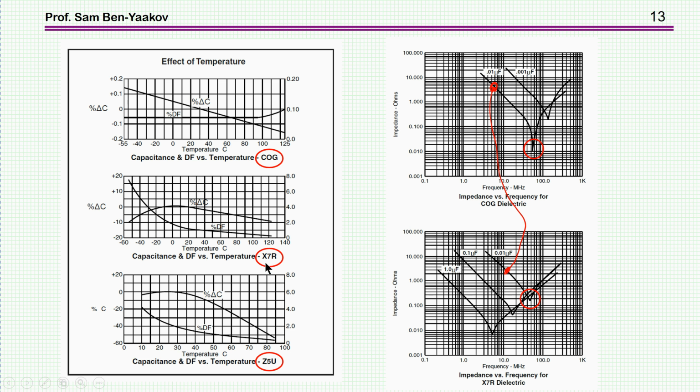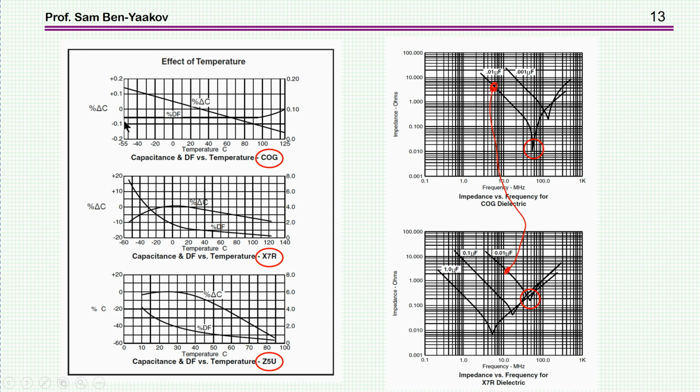Now compare it to the X7R. Here we see the change, and the scale, however, is much different. We are talking about 10-15% here, and it goes down to minus 15%. And the same thing, by the way, goes for the dissipation factor.